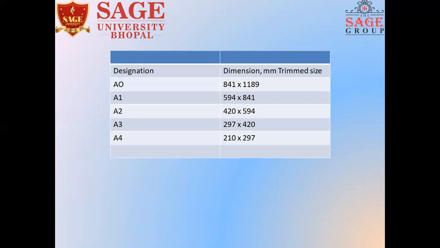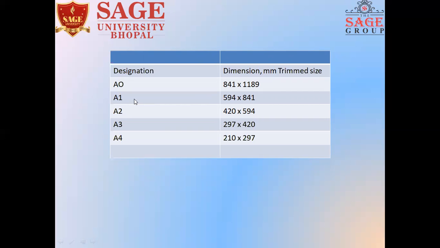Now here, this diagram shows the sheet sizes. Suppose I'm starting with sheet A0, represented here as 841 by 1189. You only need to remember the A0 sheet. Once you remember it, the next sheet is based on the previous sheet.